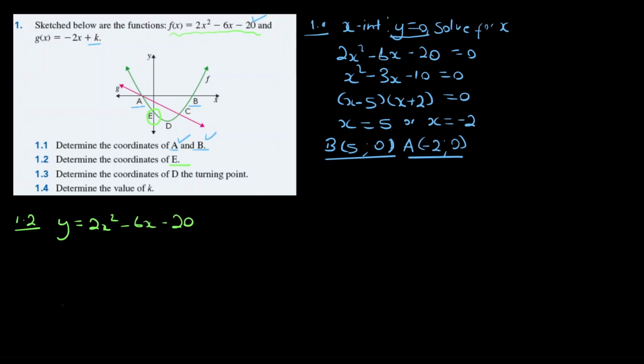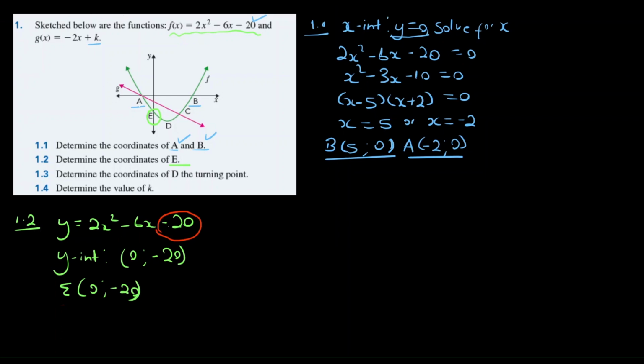But we know something: c is linked to the y-intercept, and the y-intercept is nothing more than 0 comma the c value with the sign in front of it, which is minus 20. So therefore E is 0 comma minus 20.